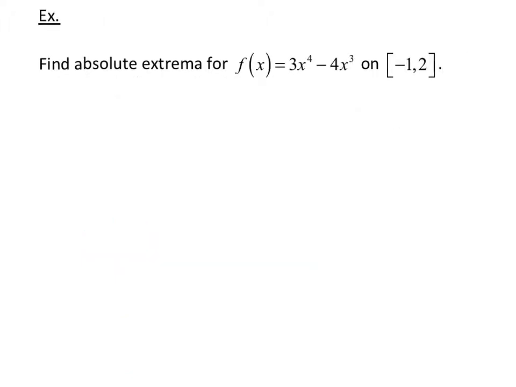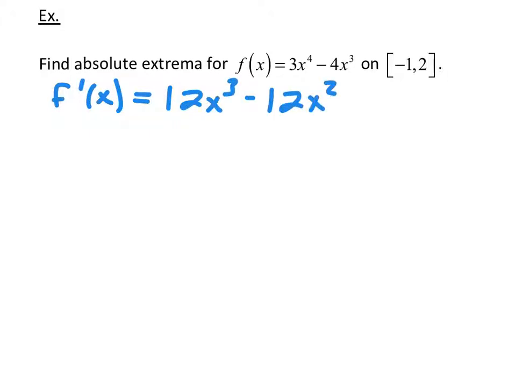It says find the absolute extrema for f of x is equal to 3x to the fourth minus 4x cubed on the closed interval -1 to 2. This closed interval right here is x equals -1 to x equals 2, so those are x values. So based on the previous steps we saw, first step is differentiate. Now this is a nice easy derivative, so f prime of x goes to 12x cubed minus 12x squared.